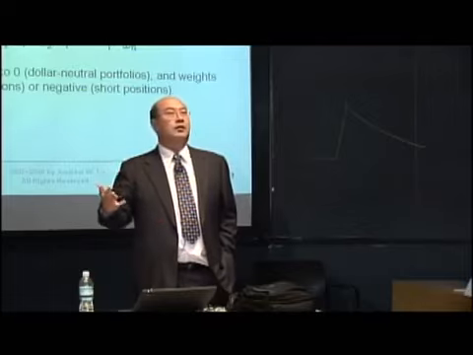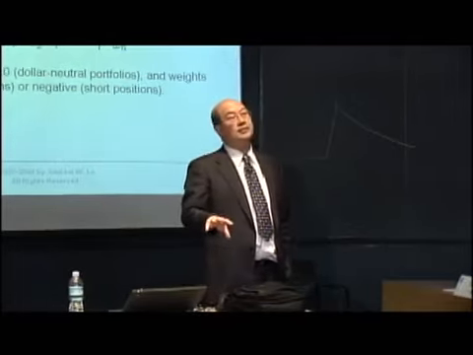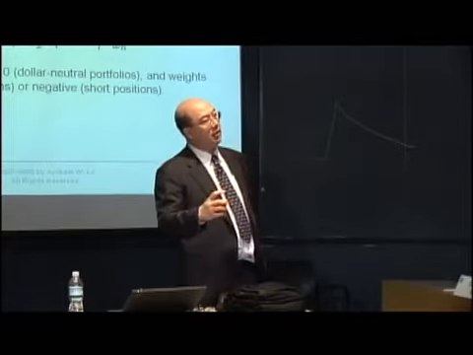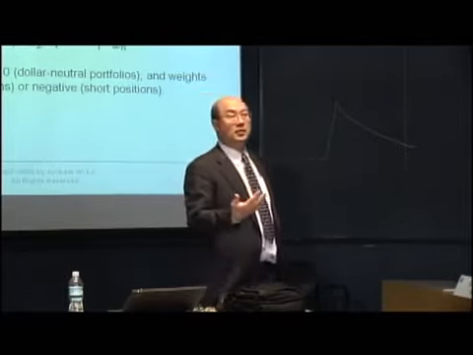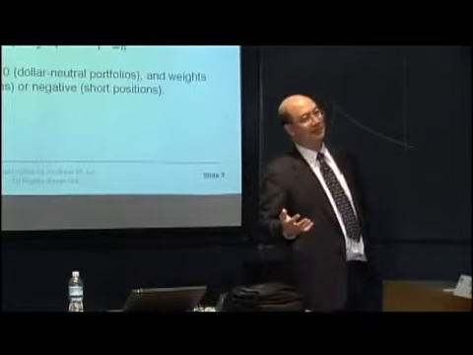It was discovered over the last several years that this kind of constraint artificially dampened the return of a portfolio. Not surprisingly, because when the market goes down, if you're long only, you're going down with it, right?